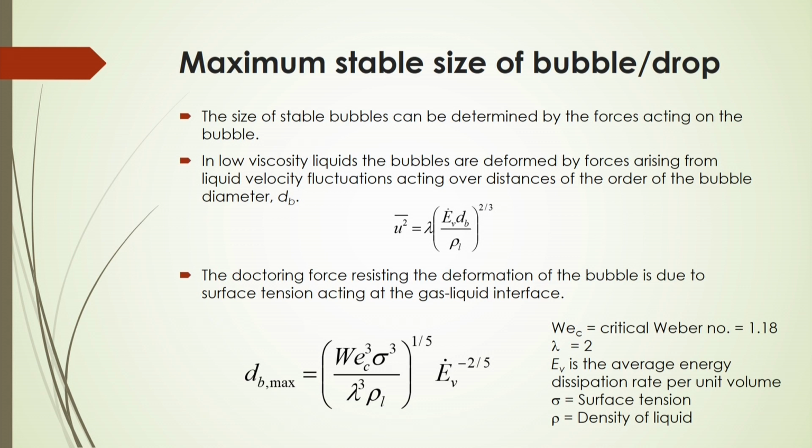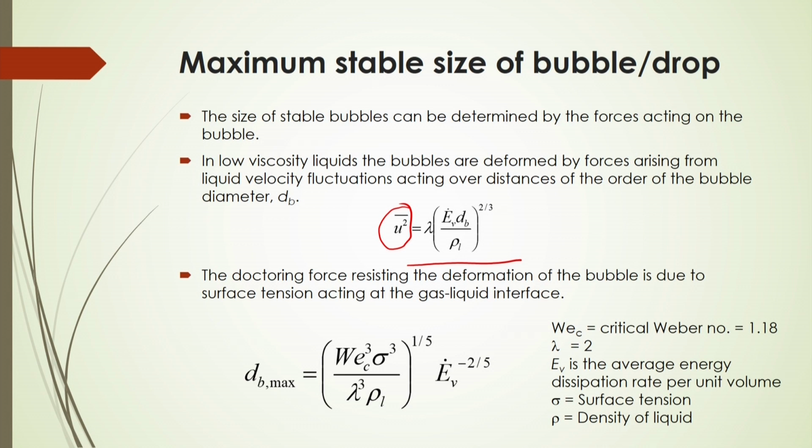that is the main important factor for the breakup of the bubbles and also the coalescence of the bubbles. If you know that velocity fluctuation, it is generally represented by the average of the square of the velocity fluctuations, it generally depends on the energy dissipation per unit volume in the system and also the size of the bubbles.